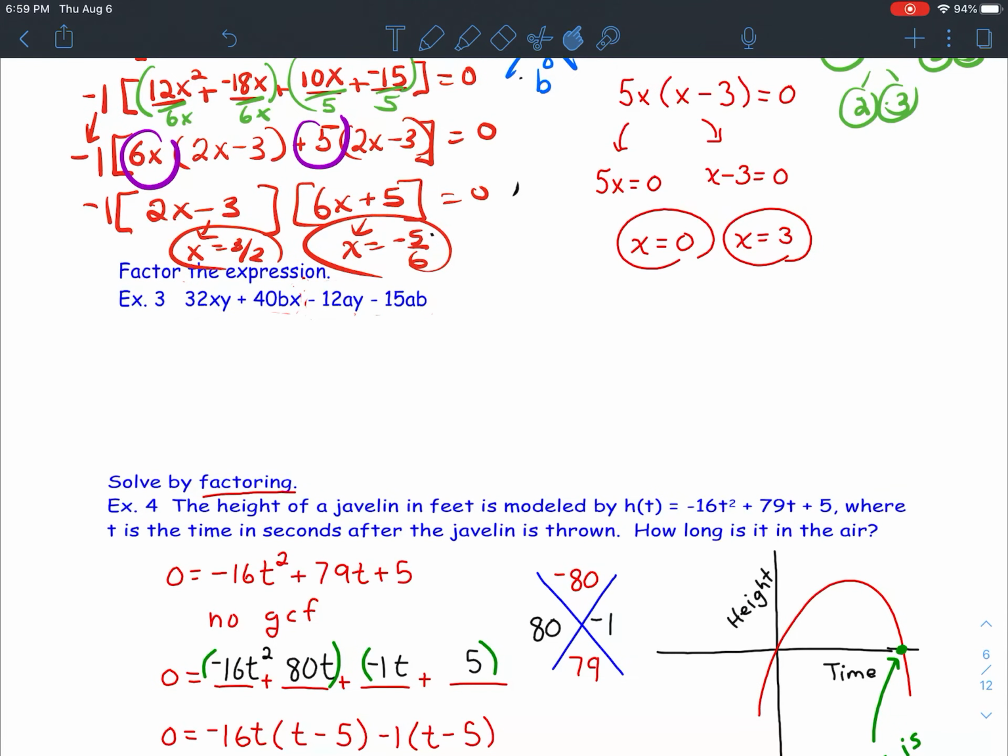The last problem I want to look at with you isn't actually listed as one of our types of factoring problems from the front, but I will just tell you that if you see a problem that starts out with 4 terms, so it's even bigger than a trinomial, this is how I want you to treat it. I want you to imagine as if there were 4 blank lines.